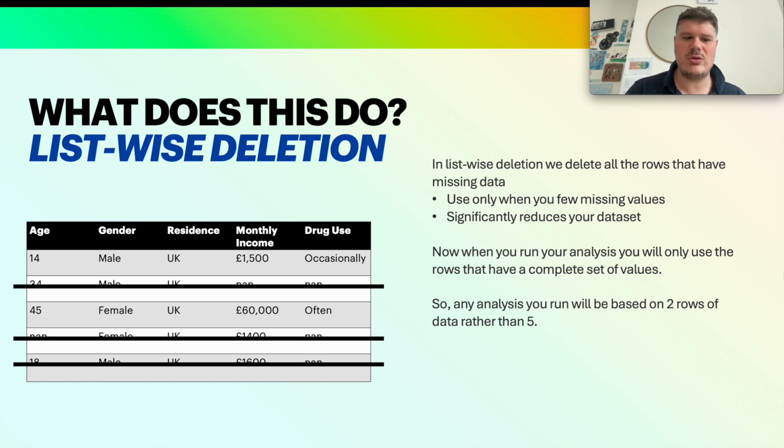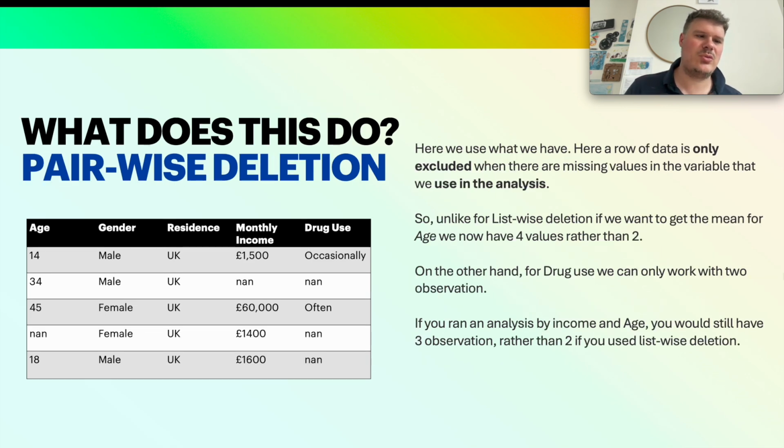Now there's only 2 rows left. Listwise deletion can be used when you have very few missing values because it does significantly reduce your data. Now, every time you run an analysis, it only runs that analysis on the remaining rows of data in your data set.